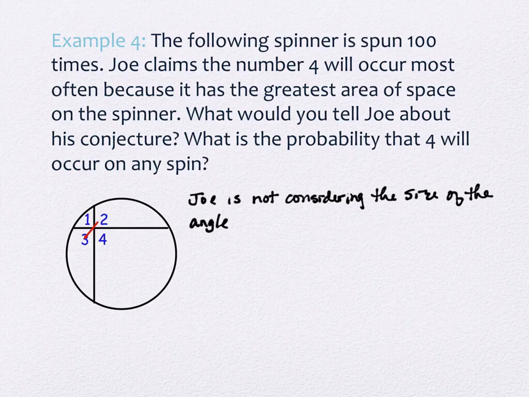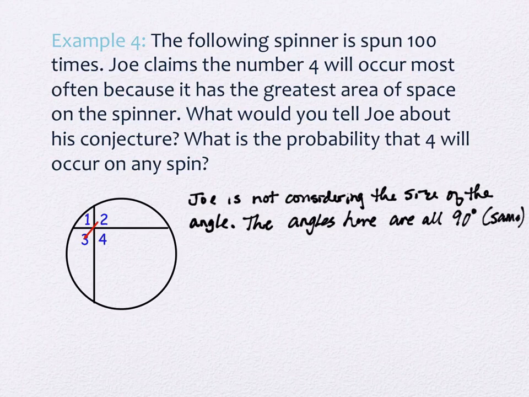It cares about the angle in the region. The angles here are all 90 degrees, or you could say they're all the same, right? So the probability of spinning a 4 is actually what here? It's 1/4.